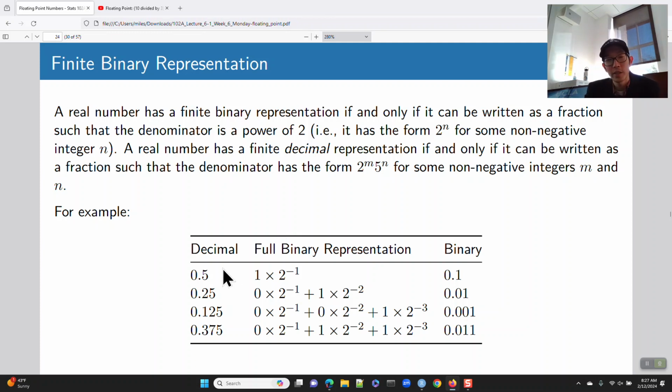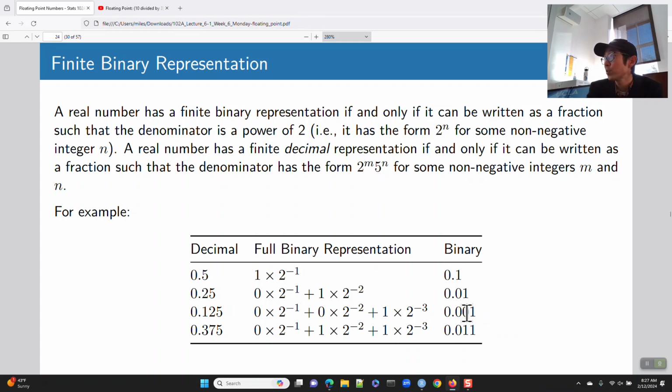So in decimal representation, we would have 0.5. In binary, that would be 0.1, because this is representing 1/2. 0.25 in decimal, or 1/4, in binary is 0.01. No halves, 1/4. The value 0.125 in decimal is 1/8. 1/8 in binary is 0.001.